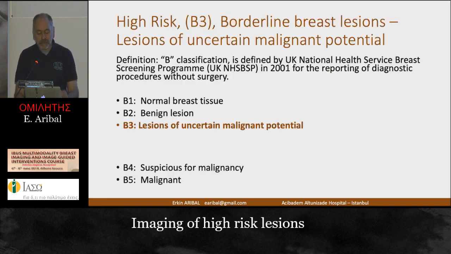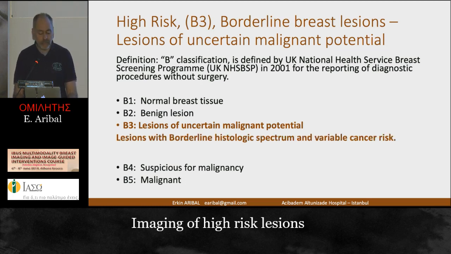This B3 definition is the classification of the UK National Health Service breast screening program in 2001 for the reporting of diagnostic procedures without surgery. These are lesions with uncertain malignant potential, with borderline histologic spectrum and variable cancer risk.